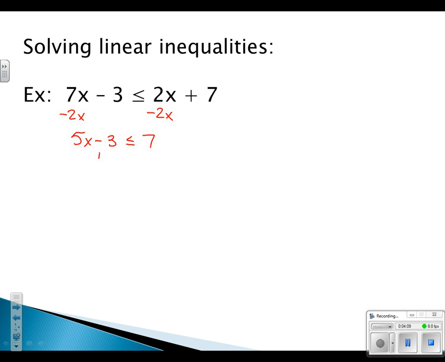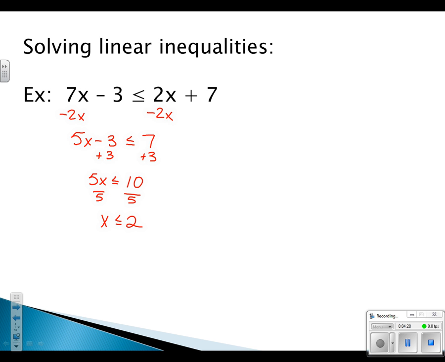I'm going to move the 3 to the right. And the last thing to do is divide by 5. Now, I am dividing, but I'm dividing by a positive number, so do not swing around the symbol. So my solution is x is less than or equal to 2.